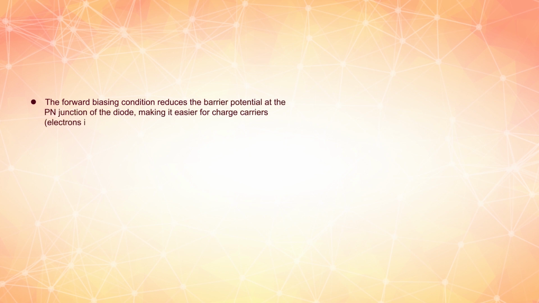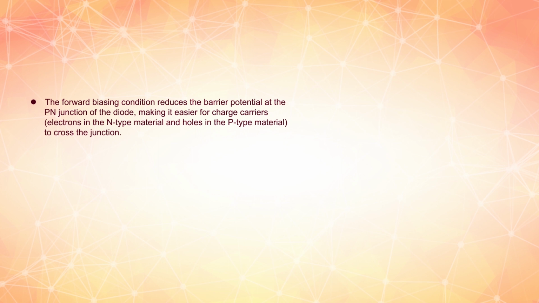Now, let us briefly study in detail what happens during the forward biasing. The forward biasing condition reduces the barrier potential at the p-n junction of the diode, making it easier for charge carriers, that is electrons in the N type material and holes in the P type material, to cross the junction.